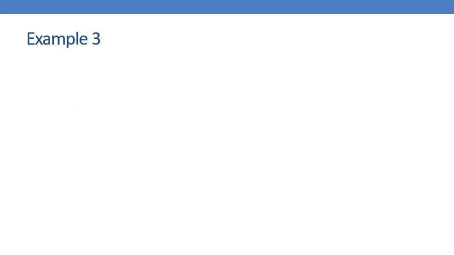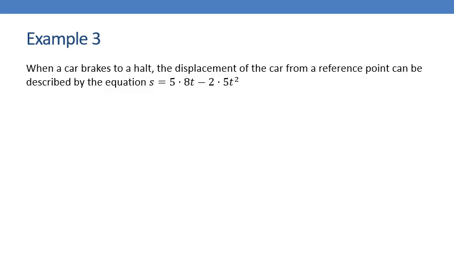Okay, let's have a look at our final example. A car brakes to a halt. The displacement is described by this relationship here. S equals 5.8t minus 2.5t squared. We're asked to draw a displacement time graph for the motion.